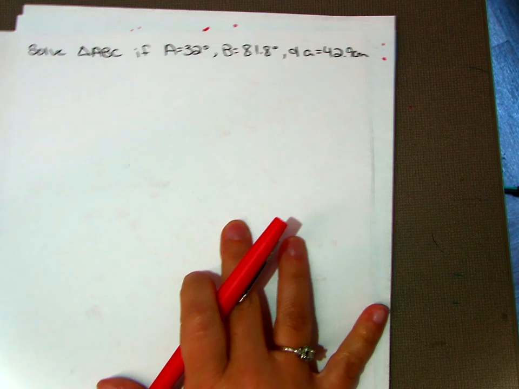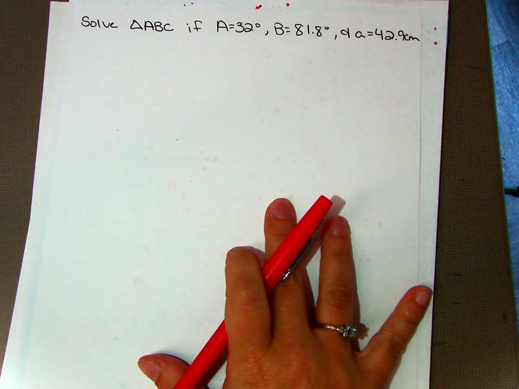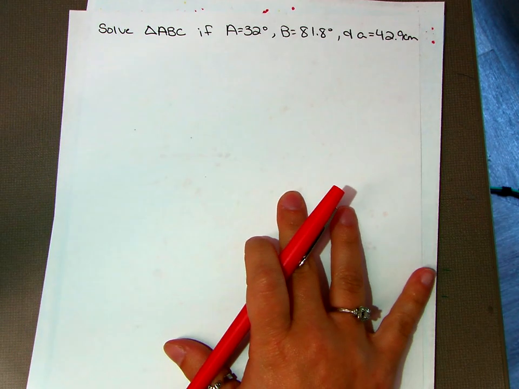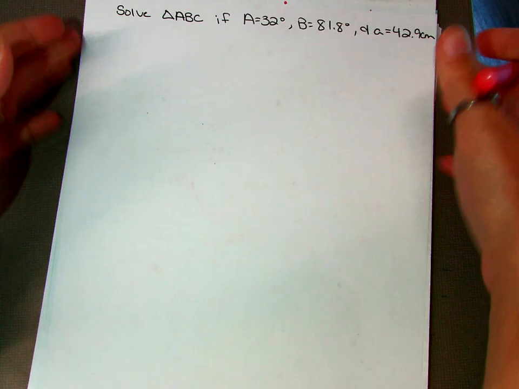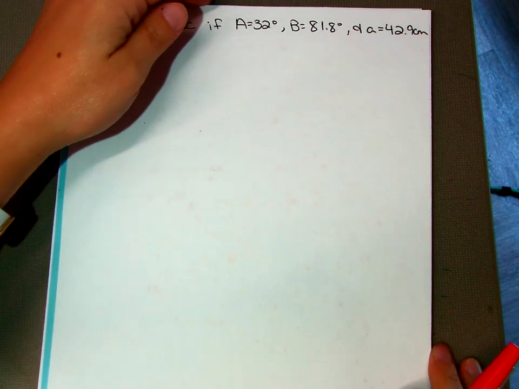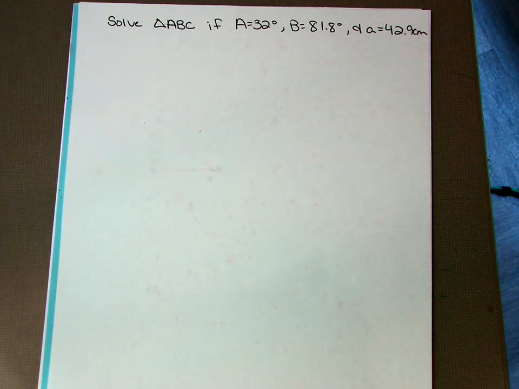Let's try and solve a triangle. I might have to zoom out a little bit. We're going to solve triangle ABC, if A is 32 degrees, B is 81.8 degrees, and a is 42.9 centimeters.